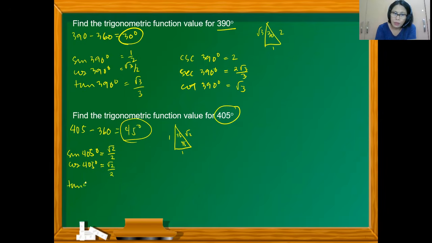Now, tangent 405 is equal to opposite over adjacent. So this is 1. The other values are the reciprocals of these three respectively. So we have cosecant 405 equals square root of 2. Same with secant 405, equal to square root of 2 also. Cotangent 405 equals 1.